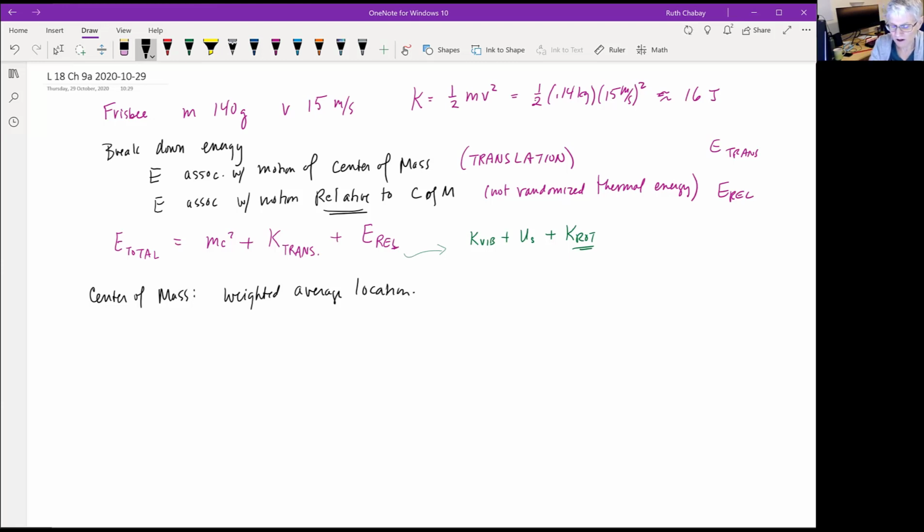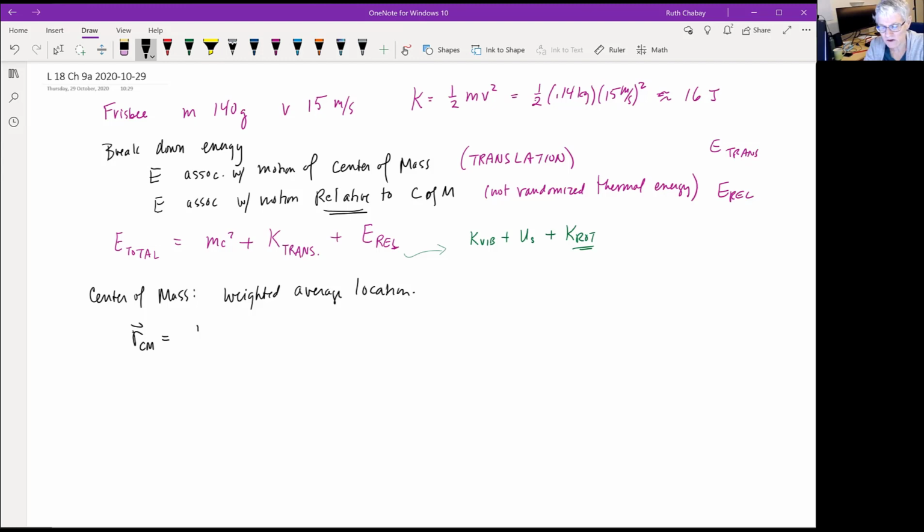And it's defined, it has a vector position, okay? So relative to some origin, the position of the center of mass is the weighted sum of the positions of all the little pieces of the object. It could be all the atoms, or it could be the two spheres in our dumbbell thing, divided by the total mass.